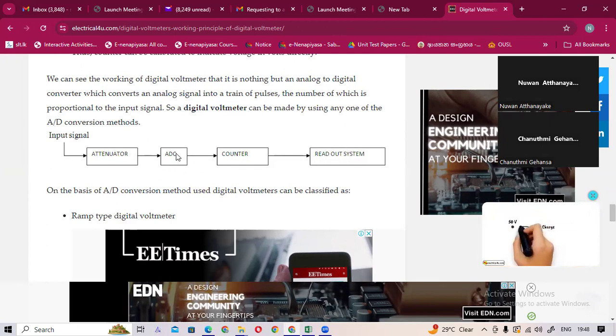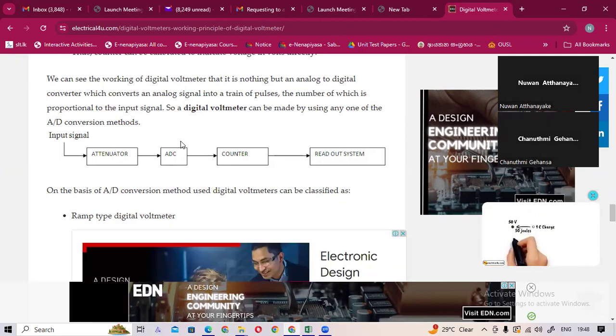Then it converts the voltage into a digital form. That means a 1010 stream. Okay, so using a counter, we can count that 1010 stream.